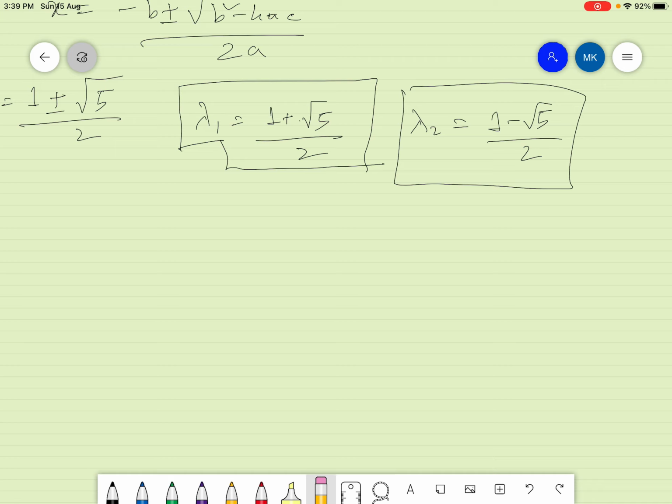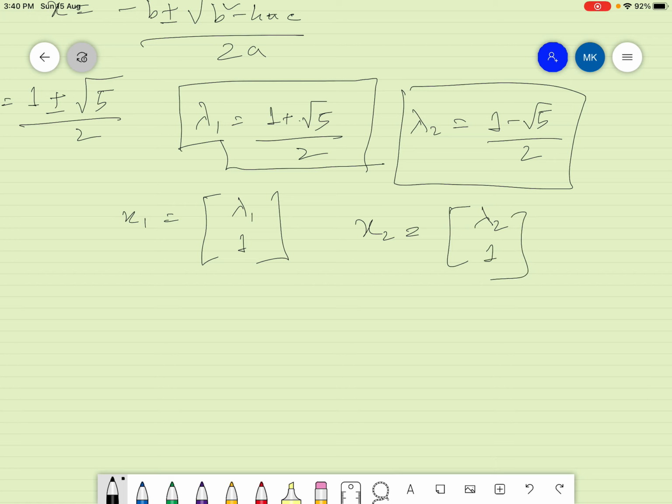So our eigenvectors would be x1 equals lambda 1 in the first row and 1 in the second row, and x2 would be lambda 2 in the first row and 1 in the second row.